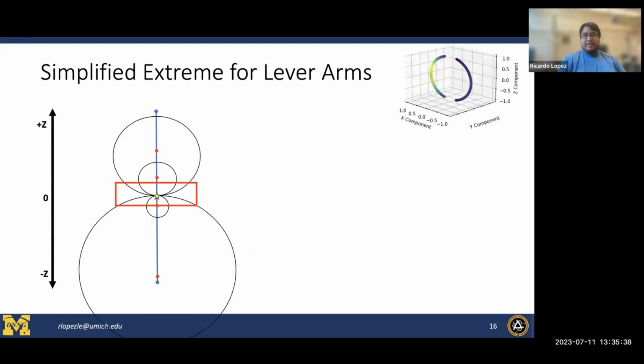To better clarify this, here's an example of a very simple case where we just have these lever arms going along the z-axis. We are told that the source is placed at, say, z equals 0. As you pick any dot along this lever arm distribution, this essentially corresponds to the center of a particular cone. Since all of these come from that particular source, no matter where you happen to lie along that line, they need to end up intersecting this star, or the location of the source.